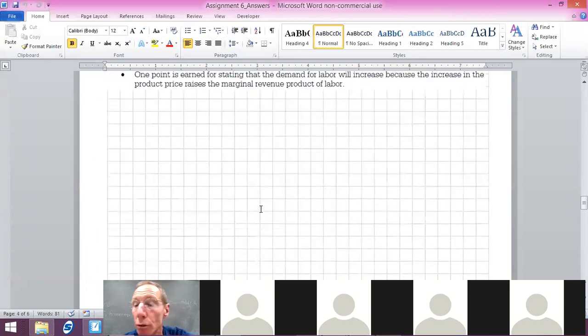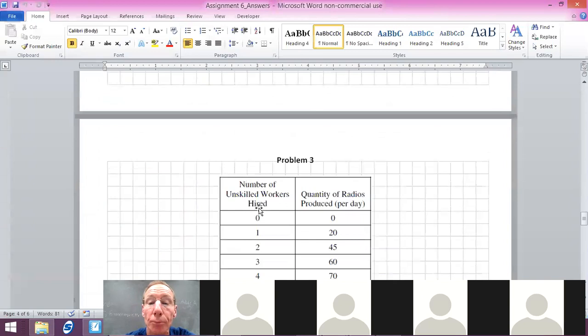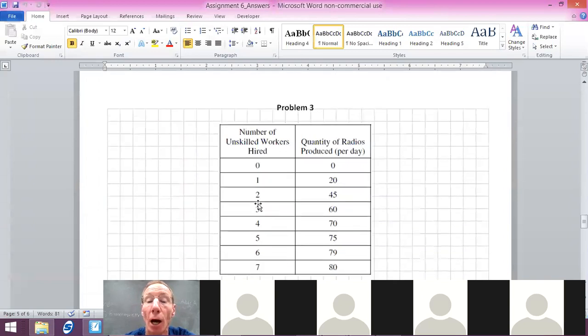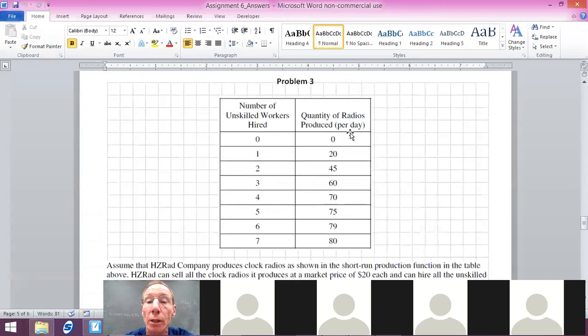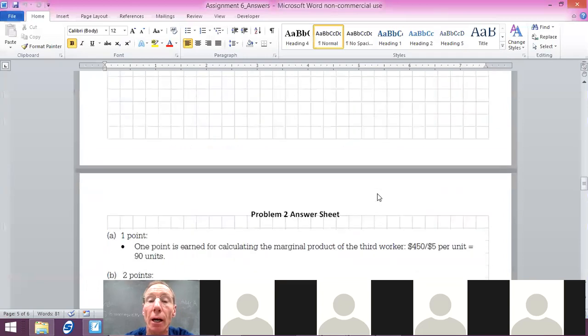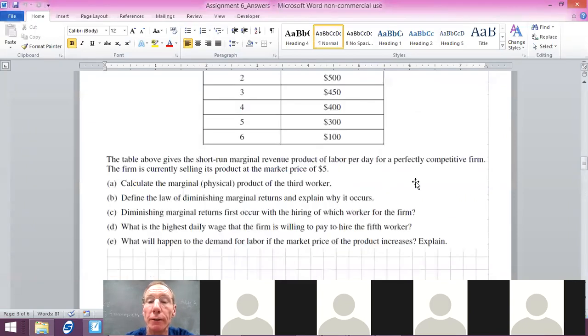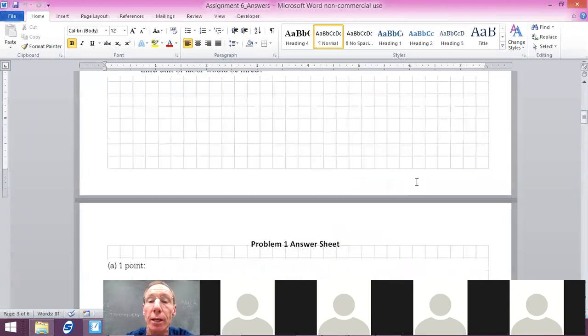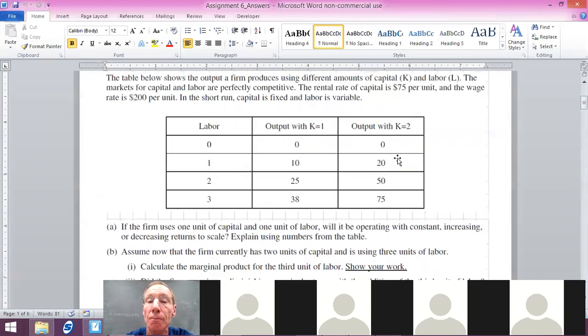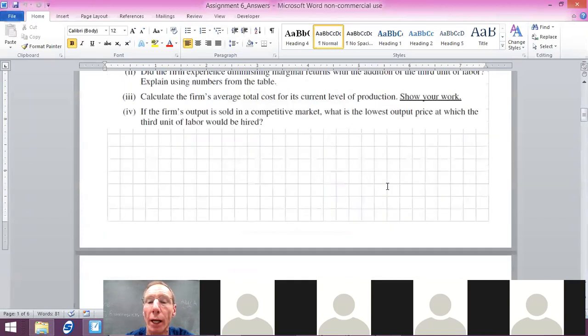So moving on to number 3. Once again, now we have the same type of problem, except look what they're giving us here. They're not giving us anything about the marginal revenue product. They're giving us the output, but in a different way, okay?